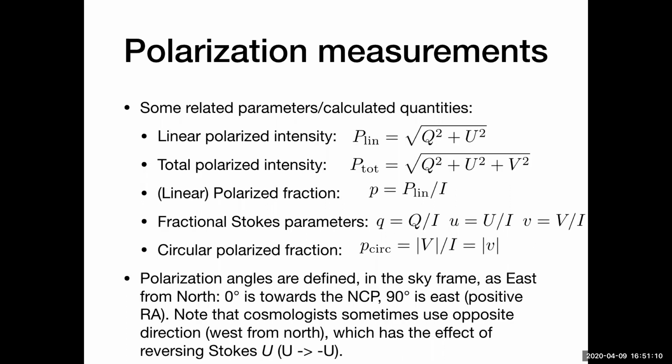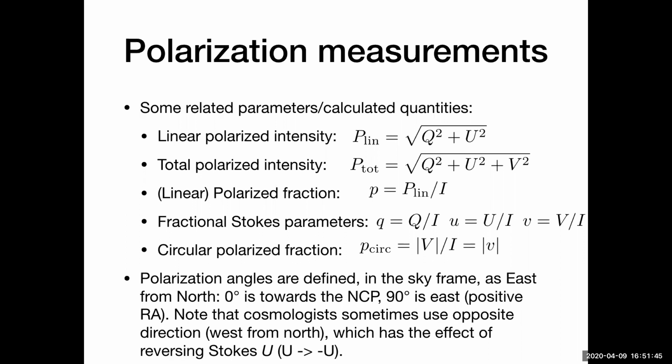There are a number of different kinds of quantities that tend to come up a lot. The Stokes parameters themselves are our direct measurements: what you get off of polarized imaging software is the Stokes parameters as images, and then there are different operations you can do to get at physically interesting information. For example, linear polarized intensity is the combination of Stokes Q and U in quadrature.